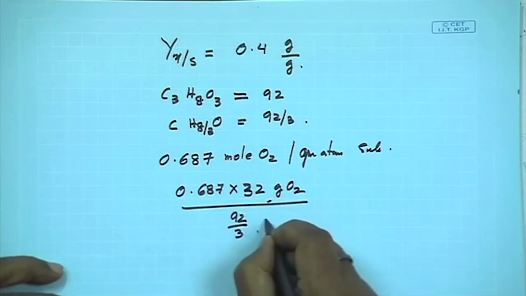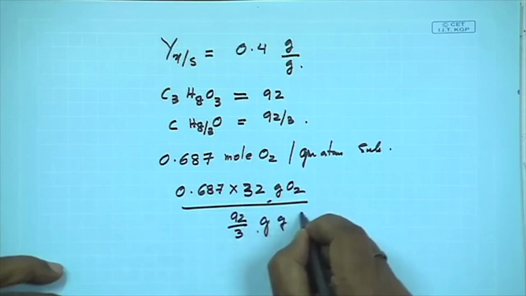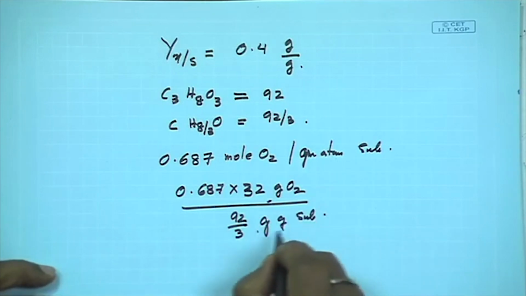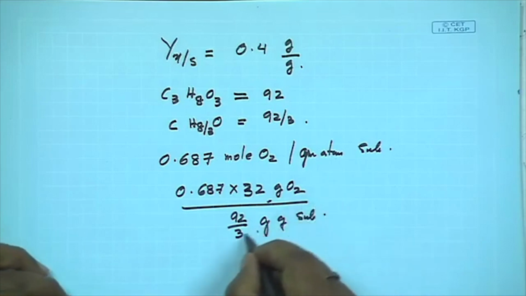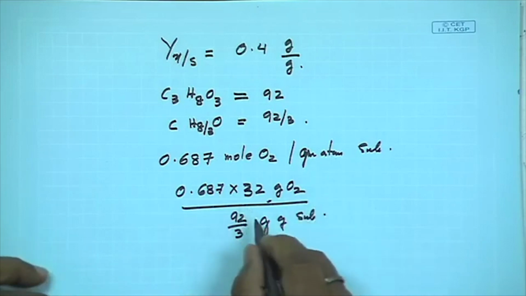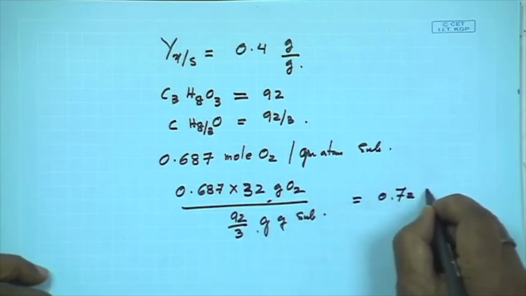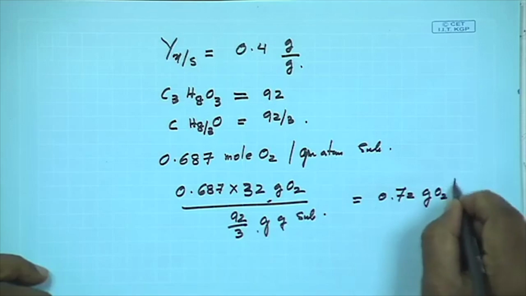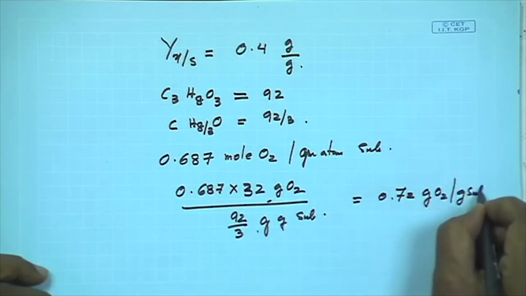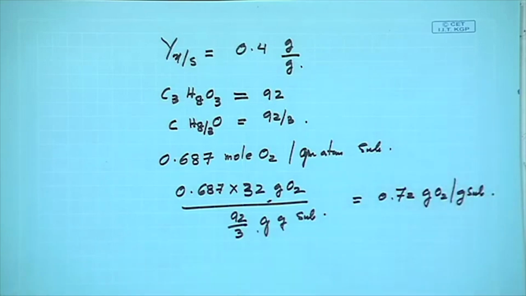So if you divide by this, it comes to about 0.72 gram of oxygen per gram of substrate. So you can easily calculate this. This is not a problem for us.